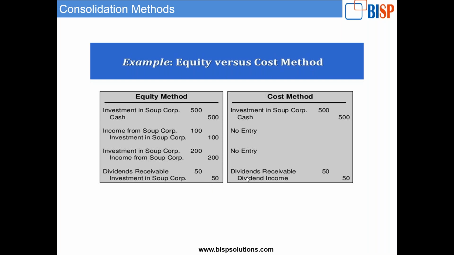Under the cost method, they debited the dividend receivable and credited the dividend income, but did not increase or decrease the investment amount originally made at the time of acquisition. So this is the basic difference between the equity and the cost method of consolidation.